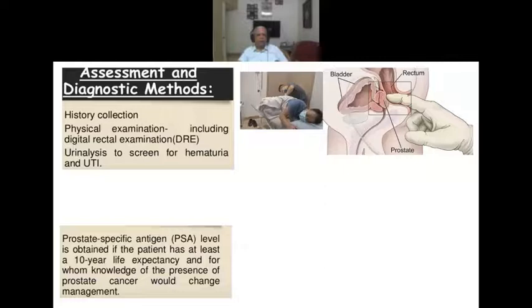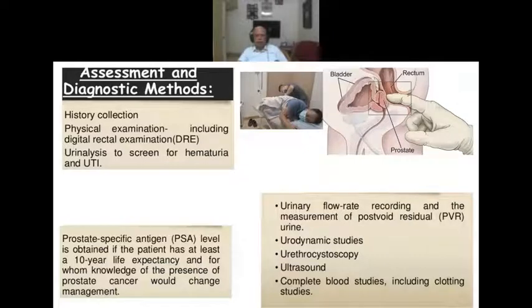And prostate specific antigen, which is the marker for prostatic cancer, has to be done in all patients who have 10 years of life expectancy or more. Sometimes you have to do urodynamic studies or ureteroscopy or ultrasound, and you have to do all the blood studies.